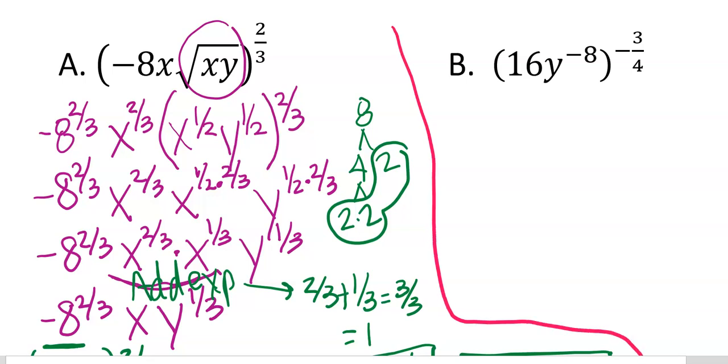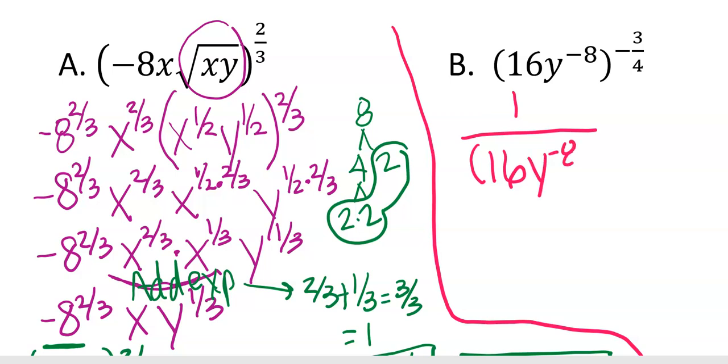So for this one, first of all, it's a negative exponent, so what happens there? Move it down. So we're going to have 1 over 16y to the negative 8 to the 3/4. This is the same as 16 to the 3/4, and then what do you do with these again when it's exponent to an exponent?